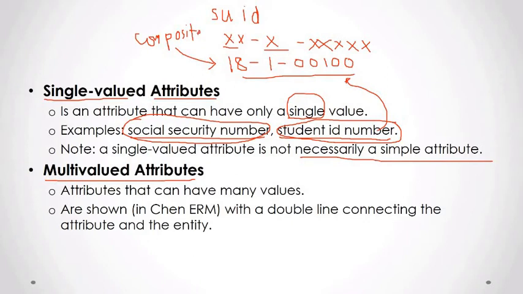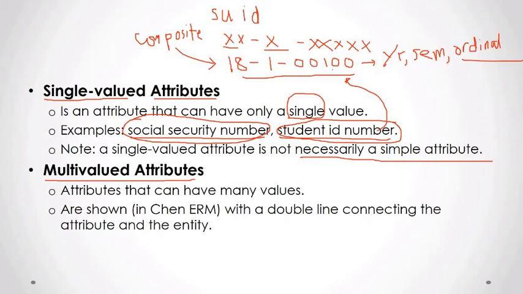Why is this composite? Because we can subdivide this into 3. This can be subdivided into year, the other is the semester, and the last is the ordinal value. What is your order when you came in?